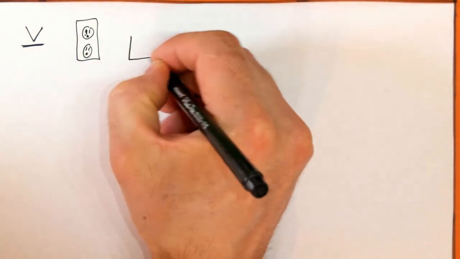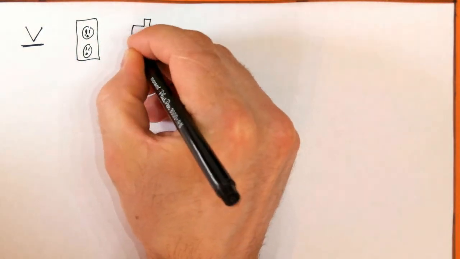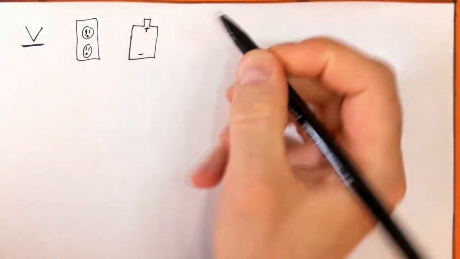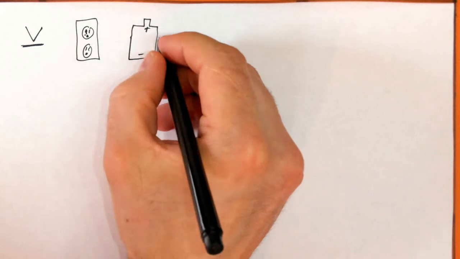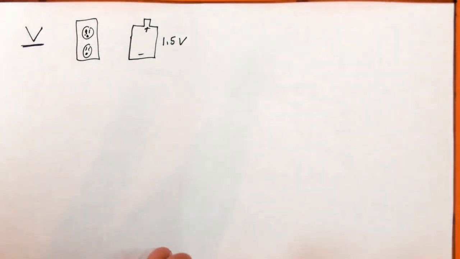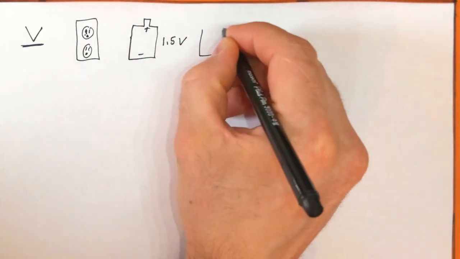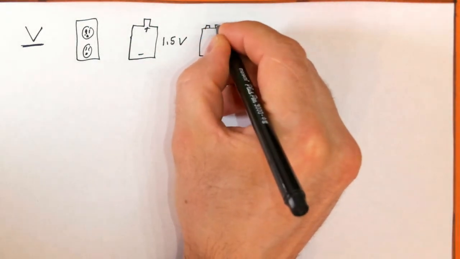A battery is another source of potential. Your standard battery, it's got a bump on one end and it's flat on the other. And most of our batteries are 1.5 volts. Your regular AA batteries or a AAA battery or a C-cell battery. And then you have some different batteries, like 9-volt batteries are kind of shaped like this.